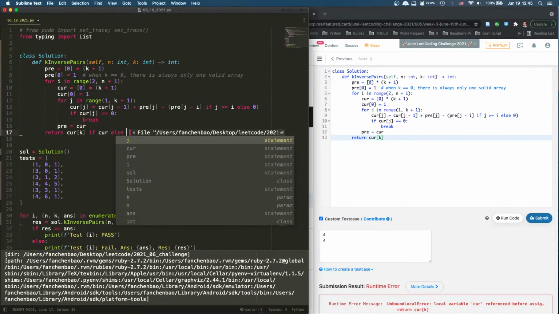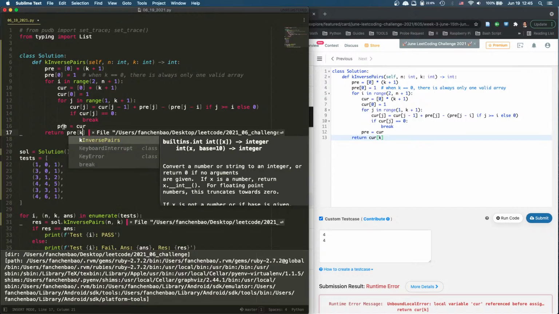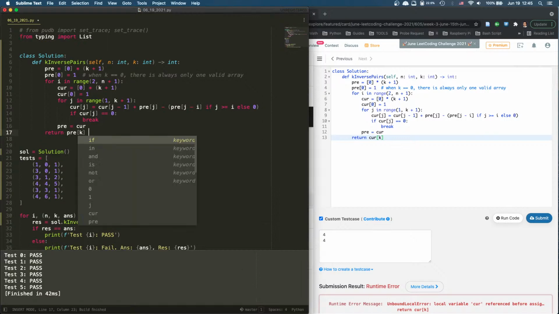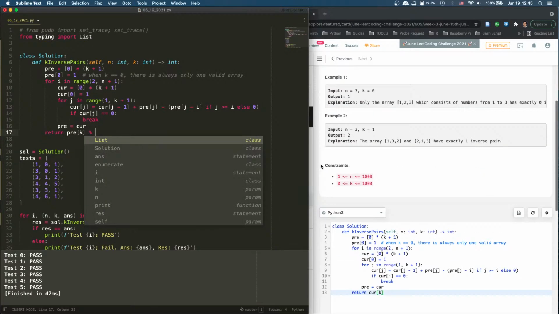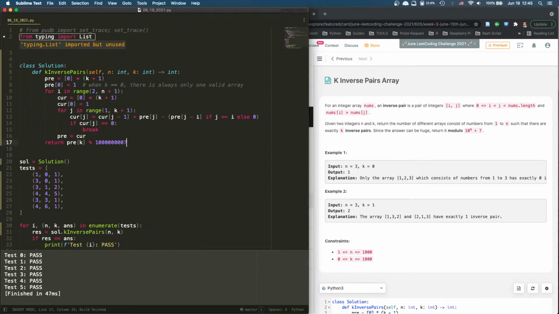So pre is always in position. So actually I can just do pre k, because the last pre equals current. Yeah, and of course we have the mod. I forgot a mod. 1, 2, 3, 4, 5, 6, 7, 8, 9. The last one is 7.